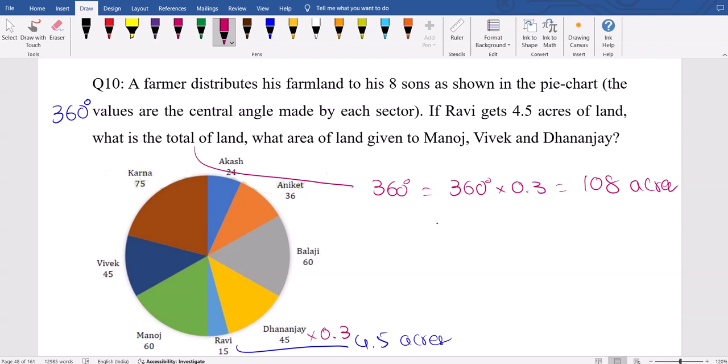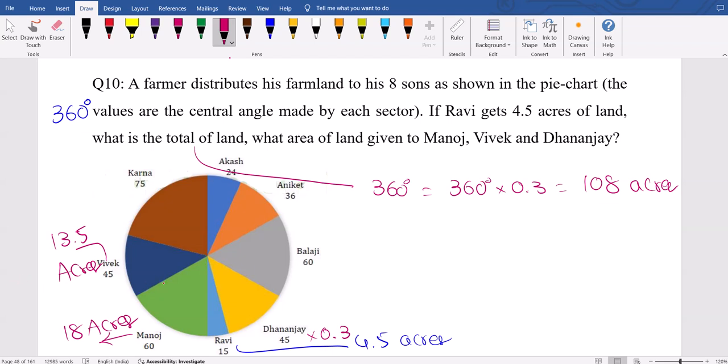What area of land is given to Manoj, Vivek and Dhananjay? Manoj is 60 degrees, so 60 into 0.3, 18 acres to Manoj. Vivek, 45 degrees, so 45 into 0.3, 13.5 acres to Vivek.